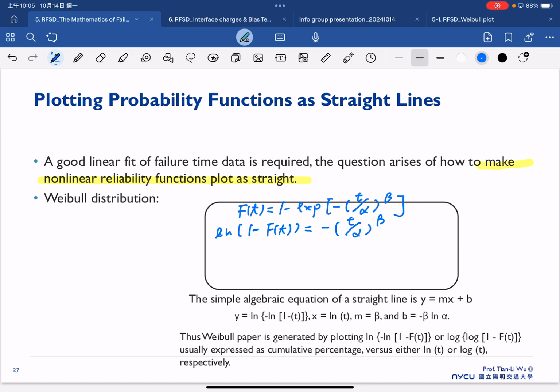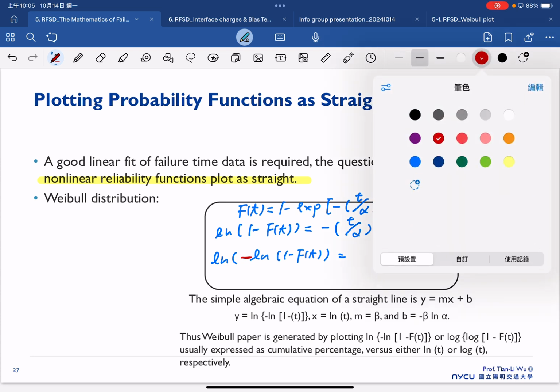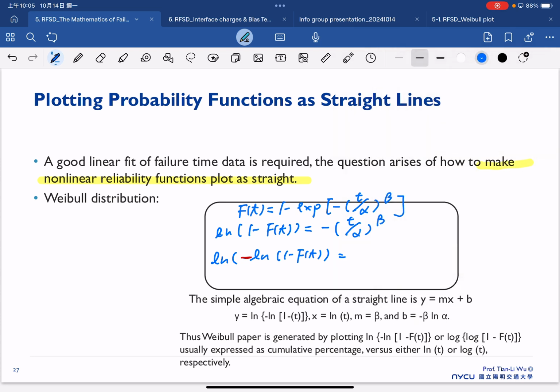And one more thing is we apply the natural log again. Then this equation will become, we move the minus to here, and then we have natural log of (t over alpha) to the power beta, and that will become beta natural log t minus beta natural log alpha.